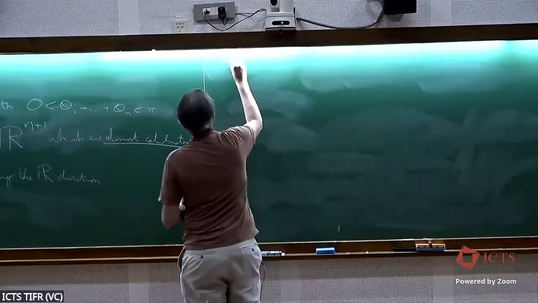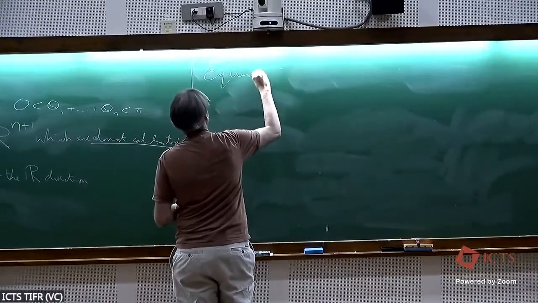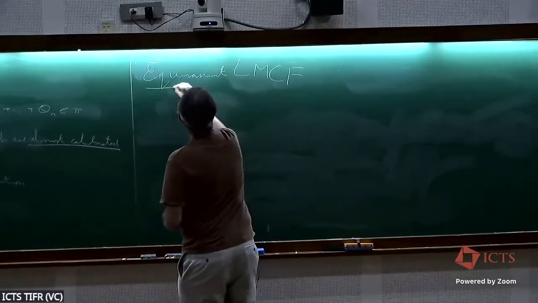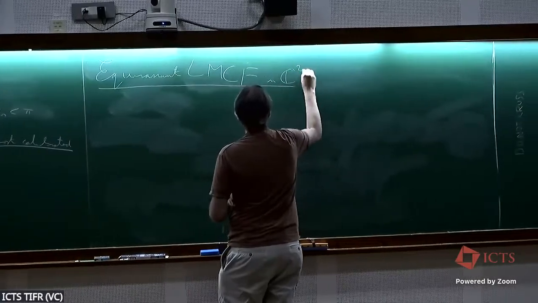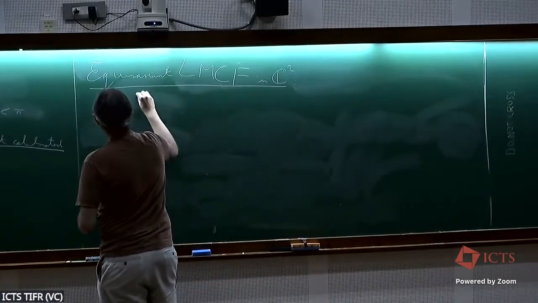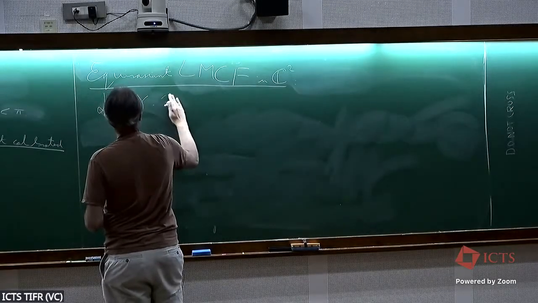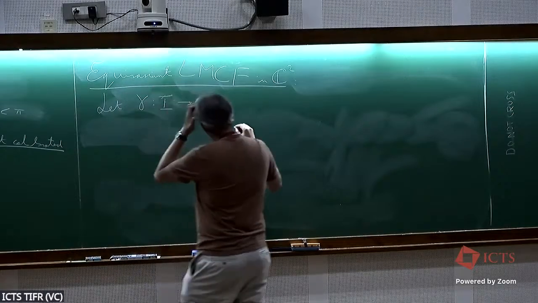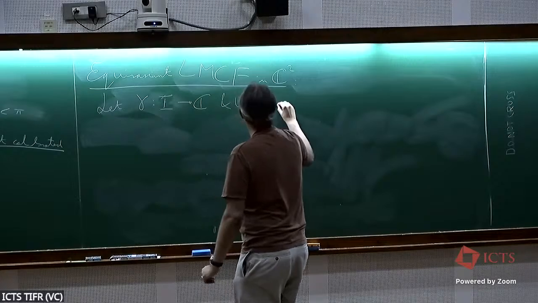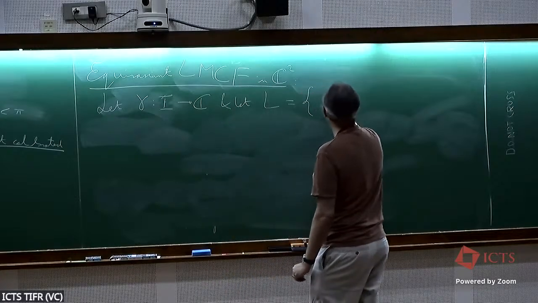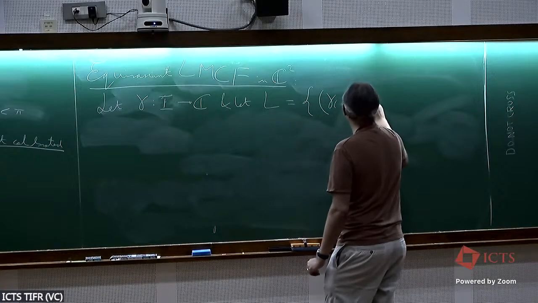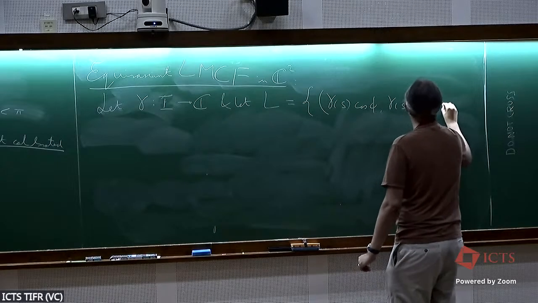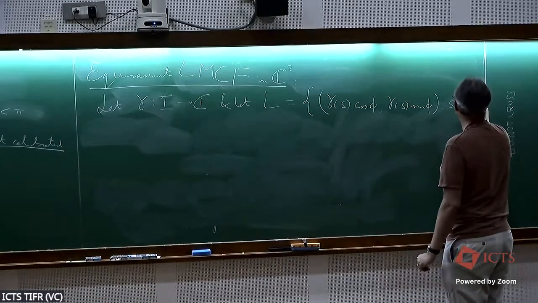So this is equivariant LMCF in C2. So what we do is we take a curve mapping some interval I into C and let L be gamma of s cos phi, gamma of s sin phi, such that s is in I and phi is in R.